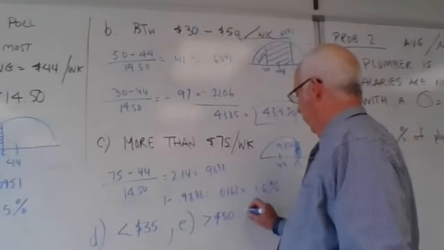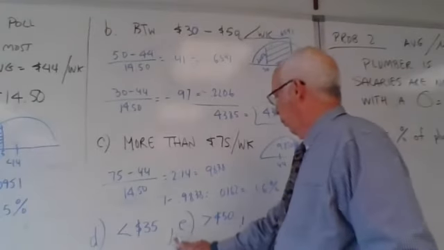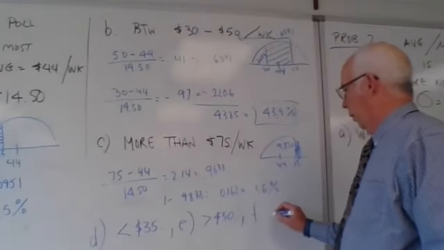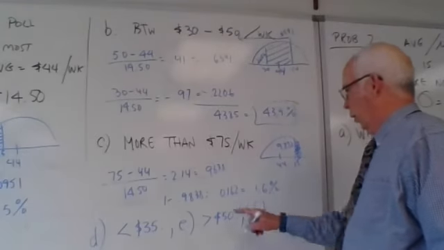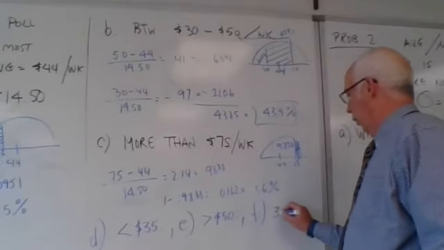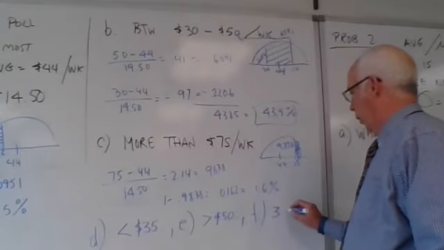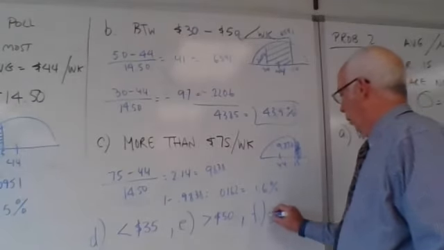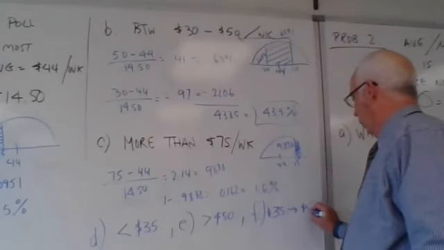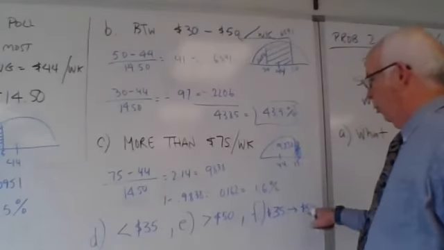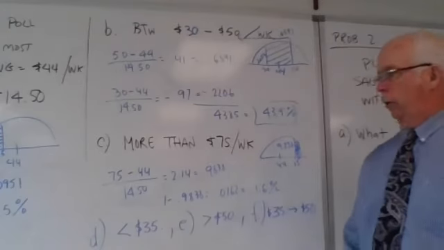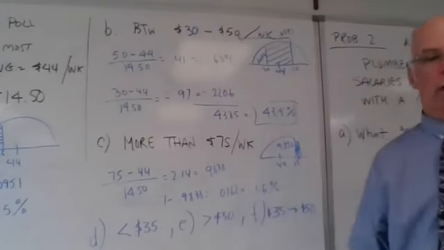And F, since you've already got these 2 values, it'll save you all kinds of work. You just have to do a little bit of subtraction between $35 and $50. So you shouldn't have to do much here because you've already got some real critical information that you obtained doing those 2. So that's your homework on that scenario.